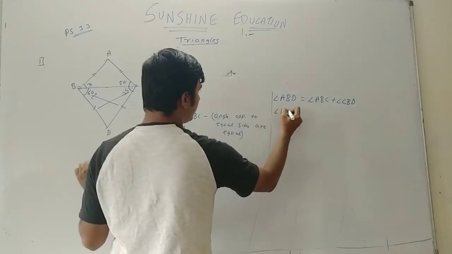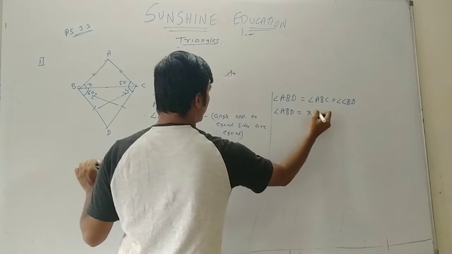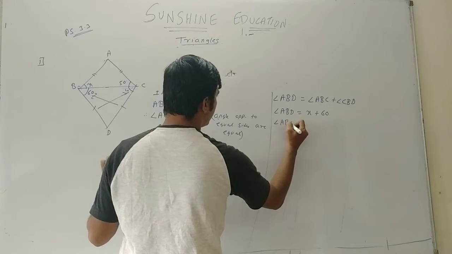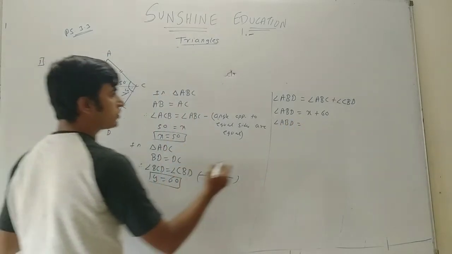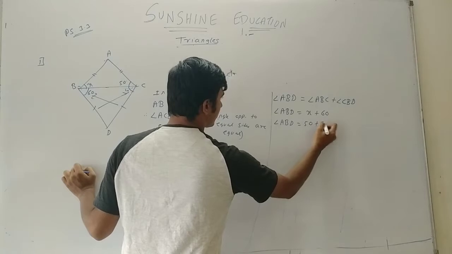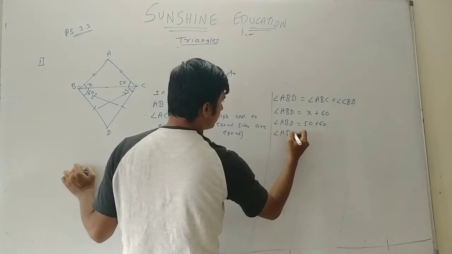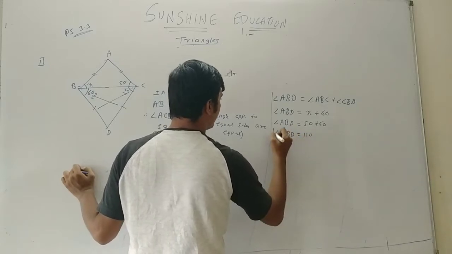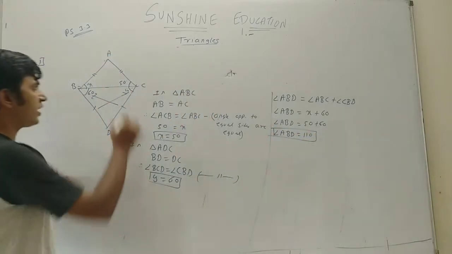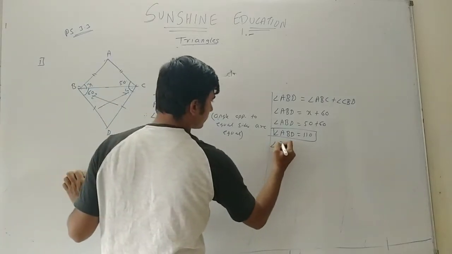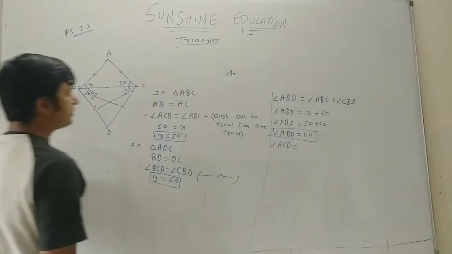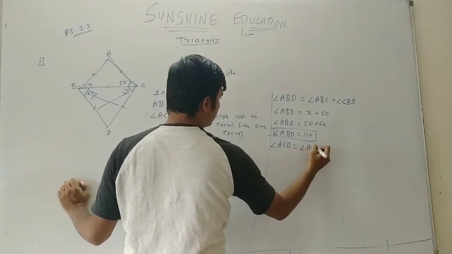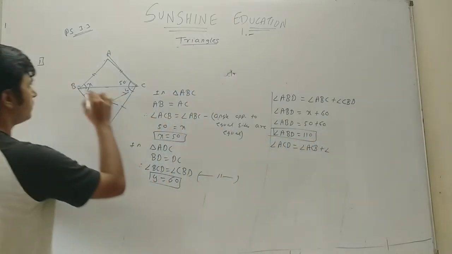Therefore, ABD is equal to x plus 60 degrees. What is x? That is 50, plus 60, is equal to 110. Similarly, the measure of ACD will be ACB plus BCD.